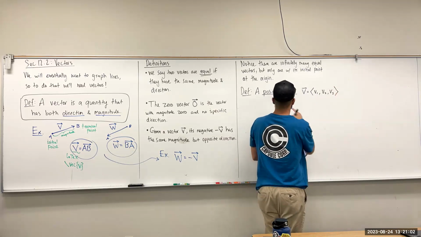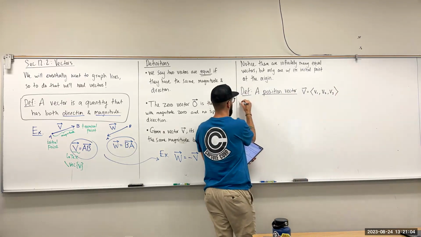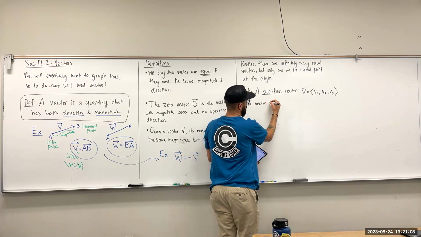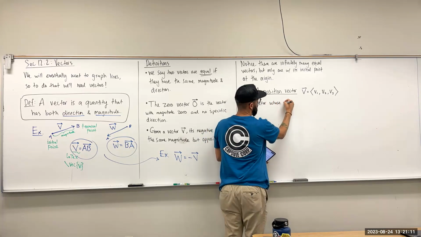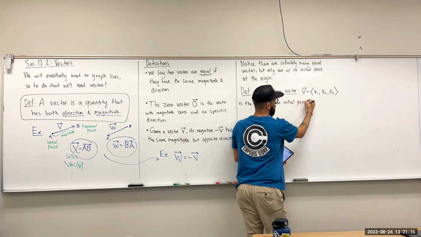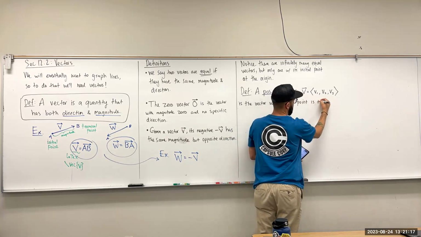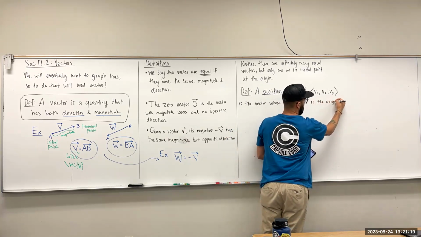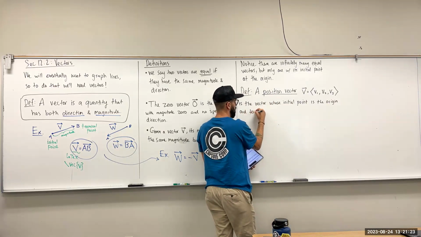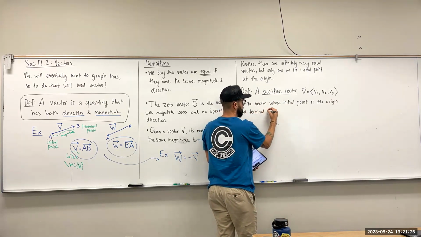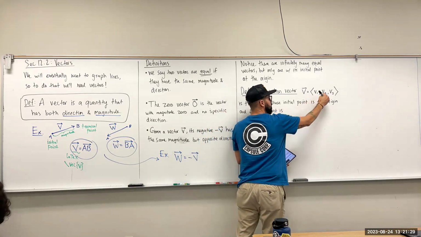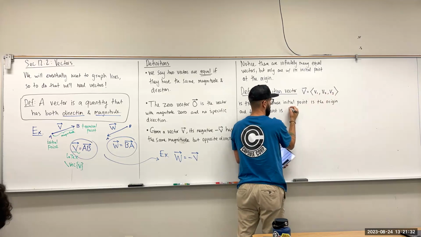So this position vector is the vector whose initial point is the origin, and terminal point, where it ends, is the point that has these coordinates, V1, V2, V3.